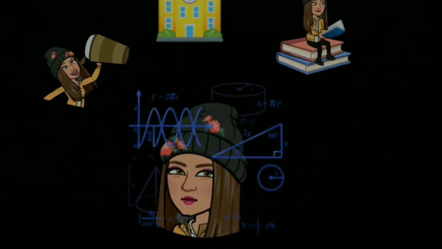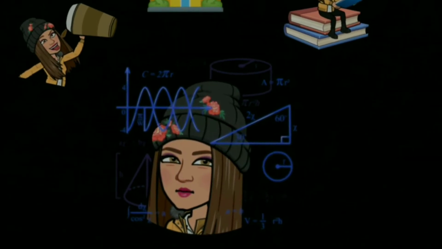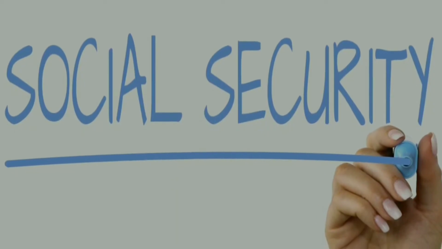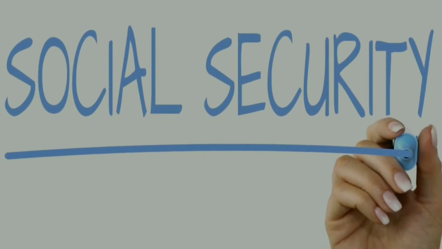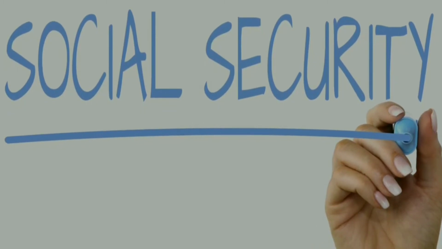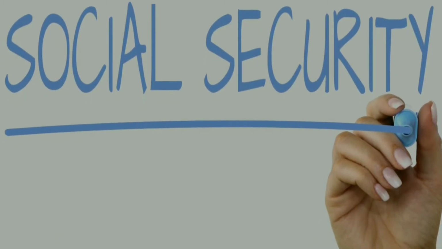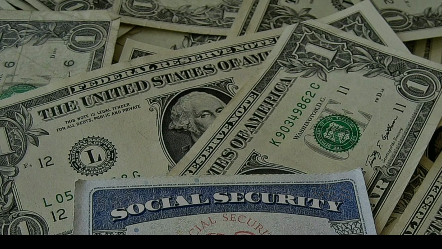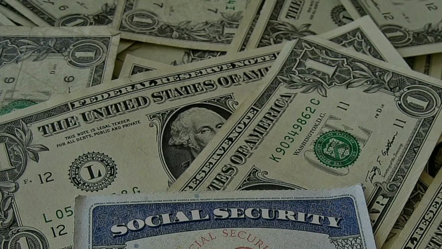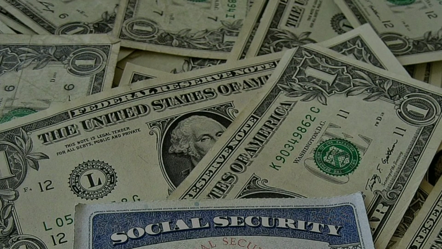Here's another fun example that I did as a project in college. In the United States, when someone turns 65, they start receiving Social Security benefits. This is money that they can live off of in their retirement. Well, the government has a giant pool of money, and this is the pool where they pay people for their Social Security benefits. So, as you can imagine, there's a lot that goes into play here.